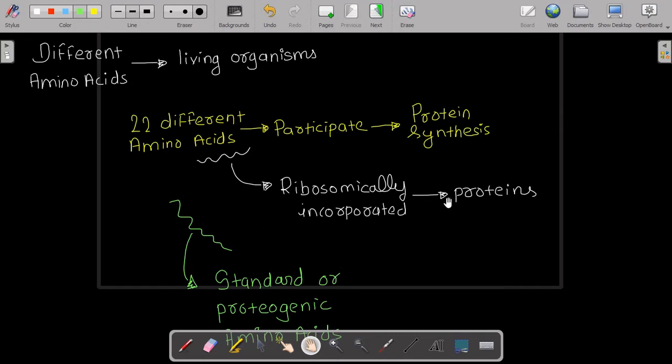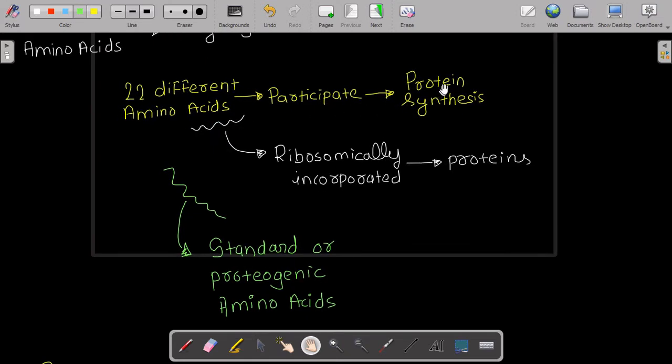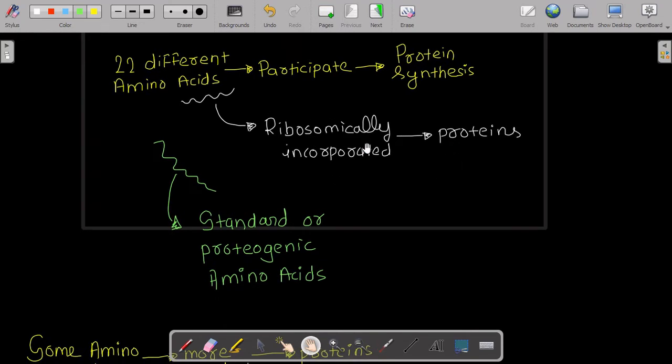These 22 different amino acids that participate in protein synthesis, which are ribosomically incorporated into proteins, are known as standard or proteogenic amino acids.